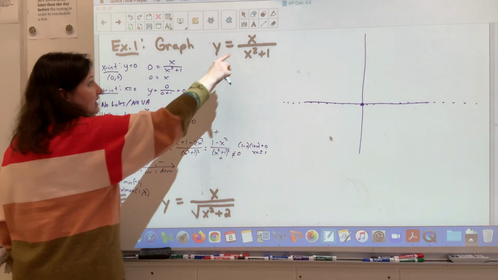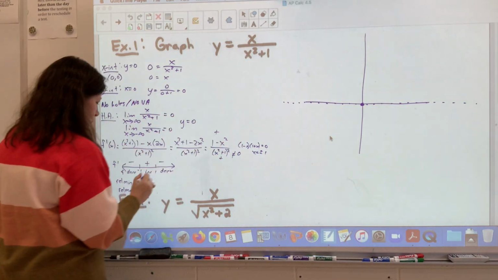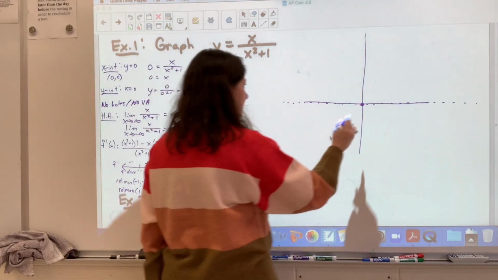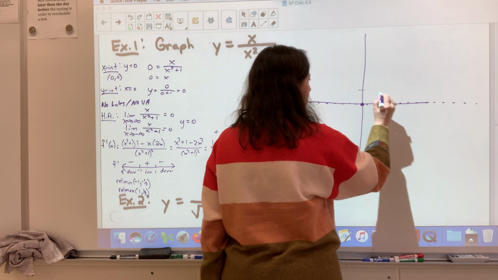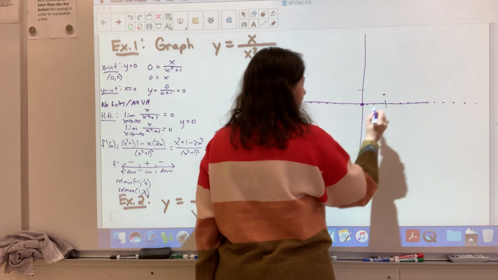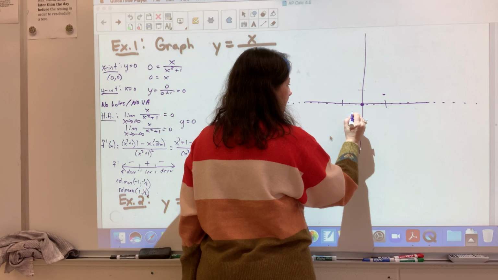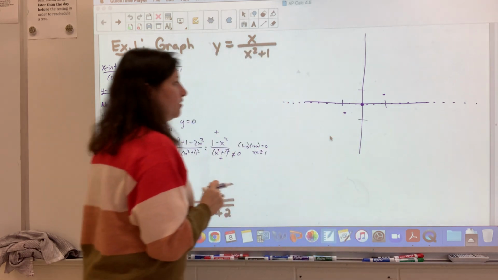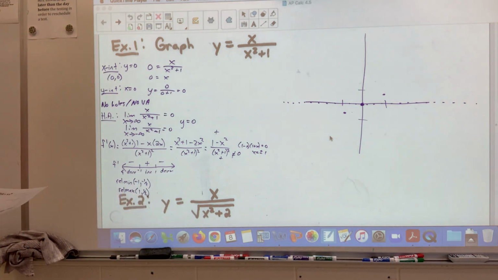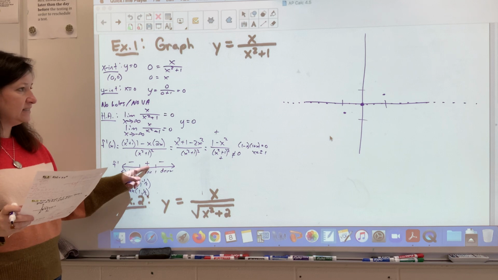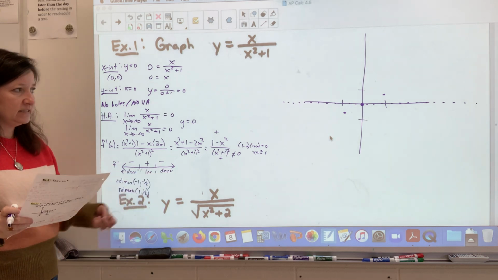If I plug -1 in, I get -1 over 2, so -1/2. So right now I know I have a relative max at +1, 1/2. And I have a relative min at -1, -1/2. This is what I know so far. And I know that it decreases until -1, increases until +1, decreases again.